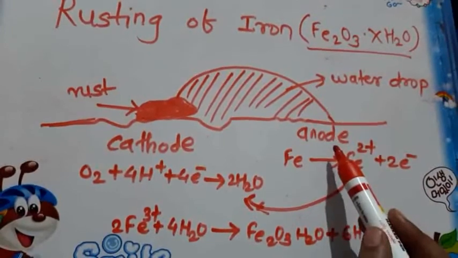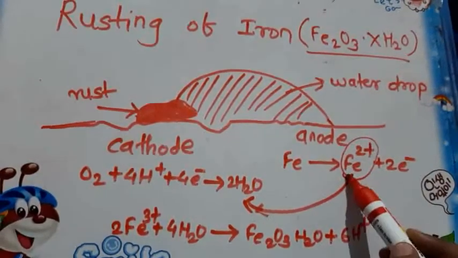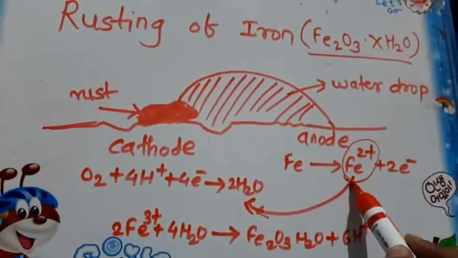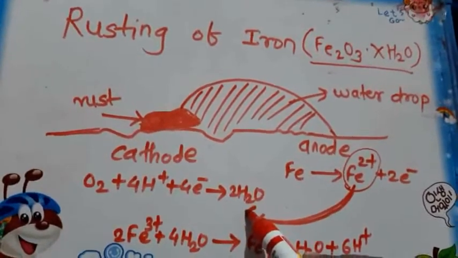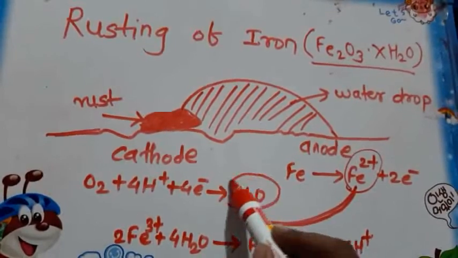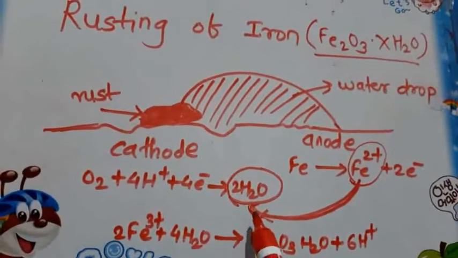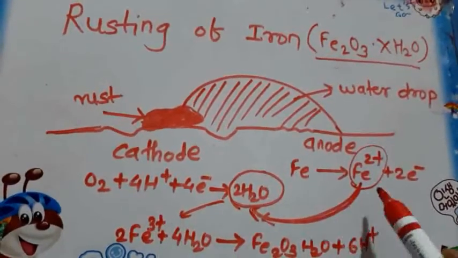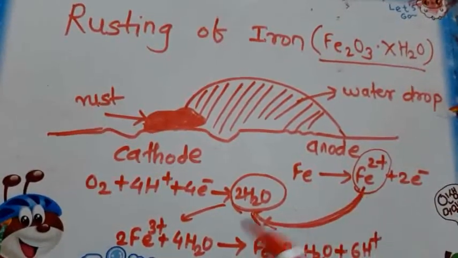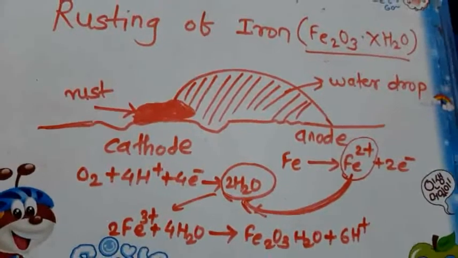Now at the anode, whatever Fe2+ ions are formed, they migrate, meaning they start to move, and they will travel towards the cathode. At the cathode they react with water and are further oxidized to form Fe3+ ion. That is, Fe2+ ion is converted into Fe3+ ion.